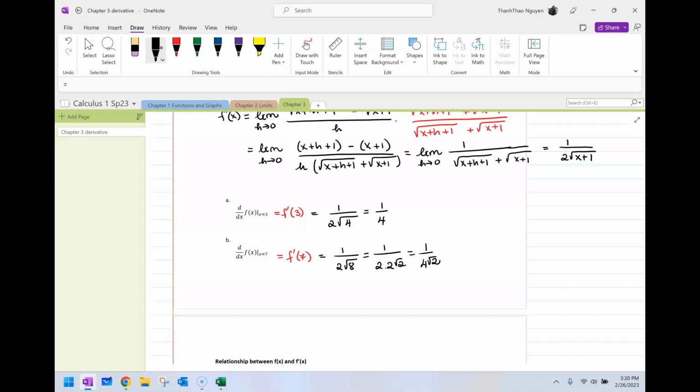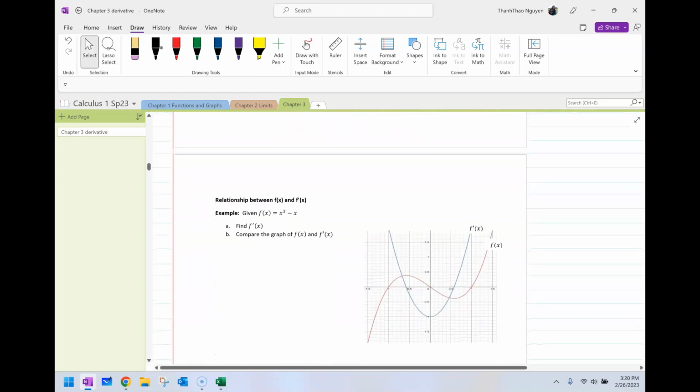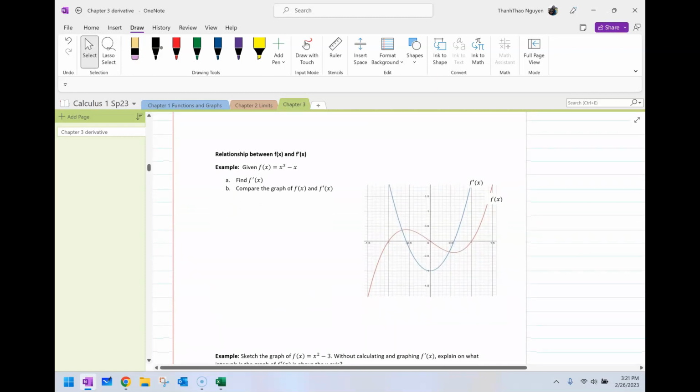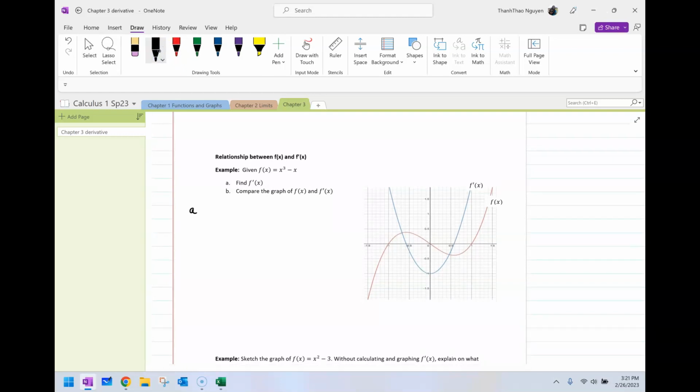So why do we want the derivative as a function? Let's take a look at the relationship between f of x and f prime of x. Given f of x equals x to the third minus x, let's go ahead and find f prime of x.